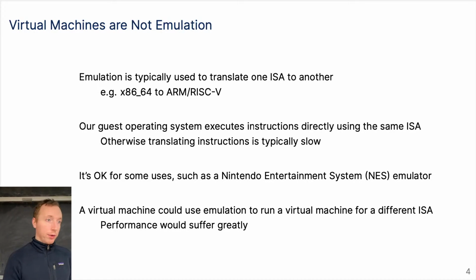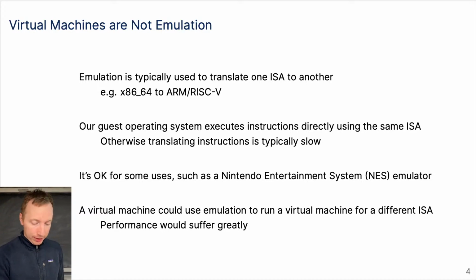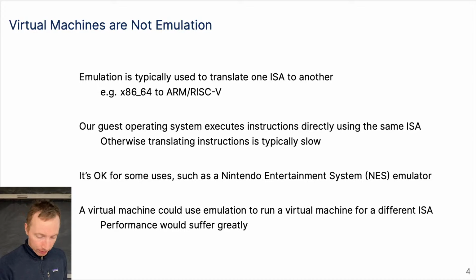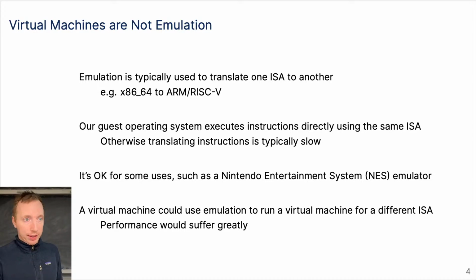So if you want to run an iOS application on your computer, you're going to have to emulate it. You're going to have to change ARM instructions to x86. But typically, when we care about virtual machines, whether or not we emulate doesn't really matter to us, and we'll just assume that we're not emulating at this point. If you do have to emulate, it's going to slow down because for every instruction you have to translate it.